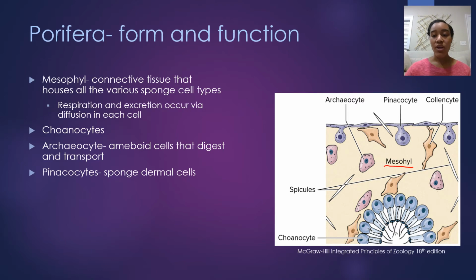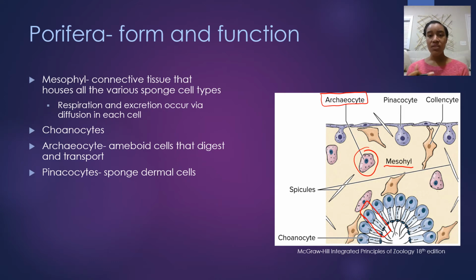And then we have our choanocytes, which are here in this image, and we'll talk in a lot more detail about those in the next slide when we talk about feeding. We have our archaeocytes, which is like this pink cell here. And these are amoeboid cells that live within the mesophyll, and they travel back and forth throughout the mesophyll.